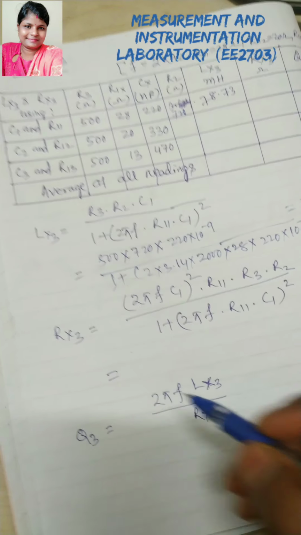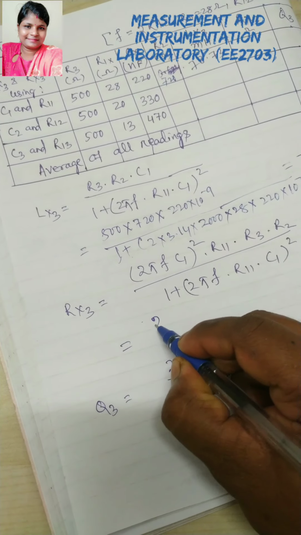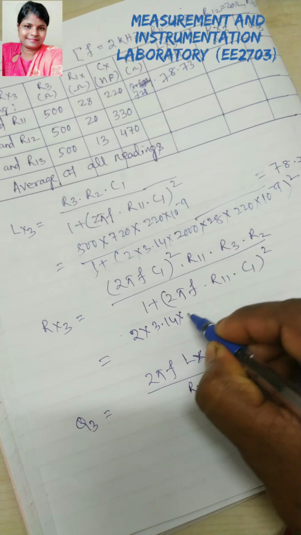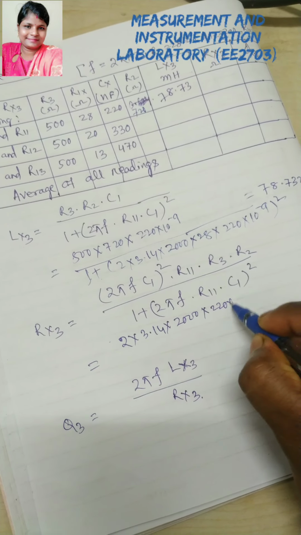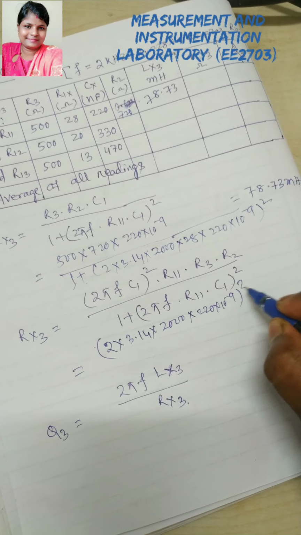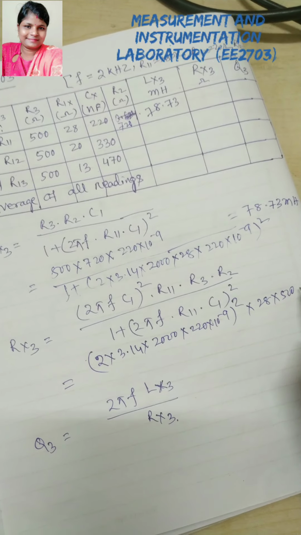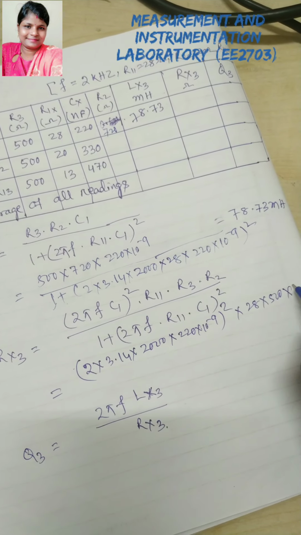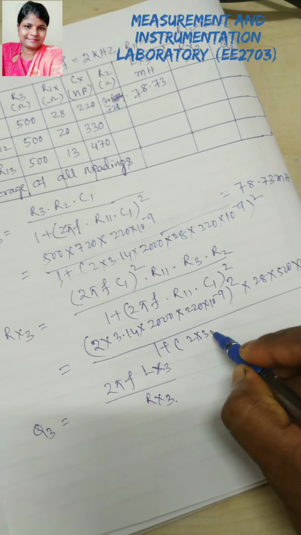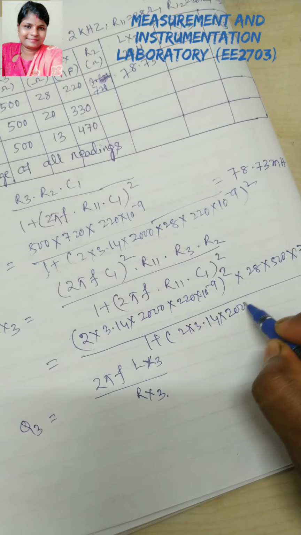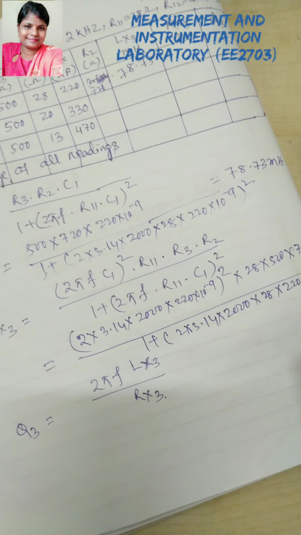Then calculate the value of Rx3. Write 2 into 3.14 into 2000 into C1. C1 is 220 into 10 to the power minus 9 square into R12 is 28, R3 is 500 into R2 is 720 divided by 1 plus 2 into 3.14 into 2000 into 28 into 220 into 10 to the power minus 9 square.